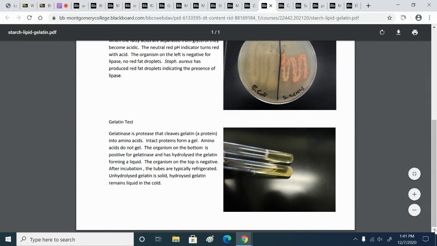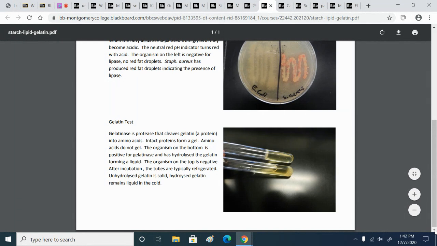So what has to happen to them first? They have to be broken down.